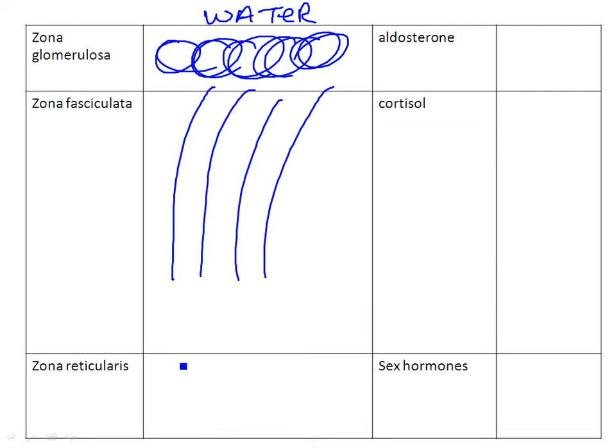And then the reticularis, the nice flowing smooth water again. Each one of these different layers is responsible for secreting several different hormones, but the primary hormones that we're going to focus on are the ones listed here. Your glomerulosa secretes aldosterone, your fasciculata secretes cortisol, and your zona reticularis secretes the sex hormones.